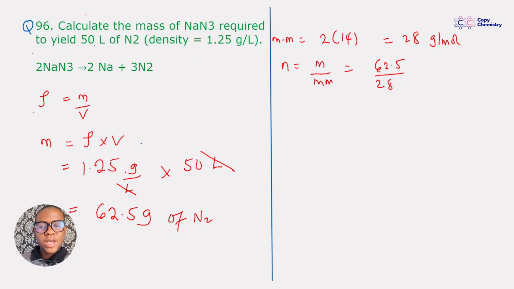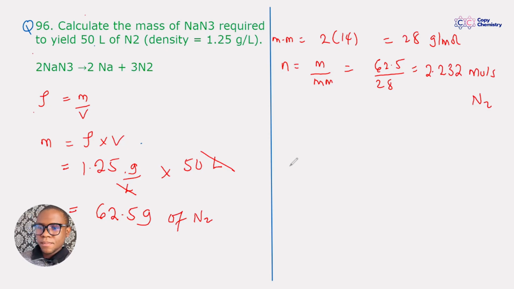Okay, we're going stepwisely. If you're lost at any point, please let me know. And then this gives us 2.232 in moles. That's the number of moles of N2 that they want me to produce, right? So I need to figure out the amount of NaN3 that should do that for us.